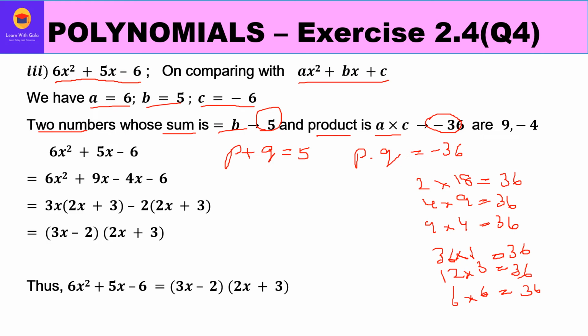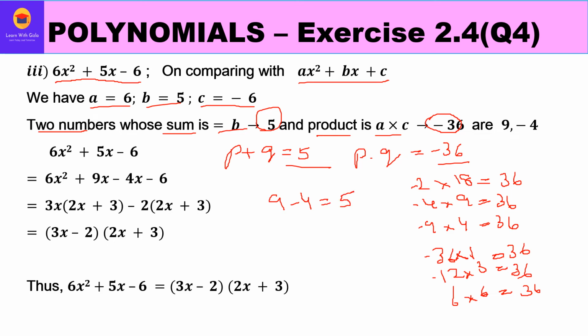So these are the various options which we can get. Now one more thing is there along with this minus 36. We can get minus 36 by turning any one number into minus. No problem in that. But the sum should also be 5. Now how to get 5? So I think when we take 9 minus 4, we will get 5, right?